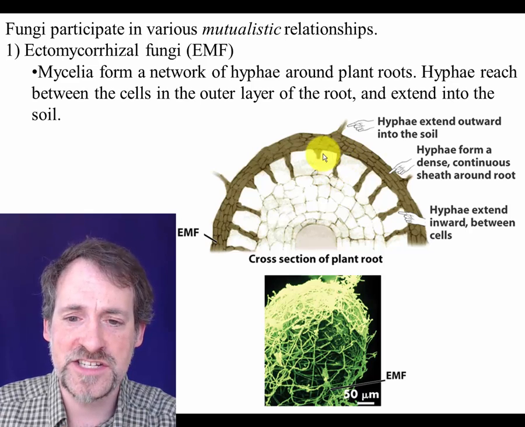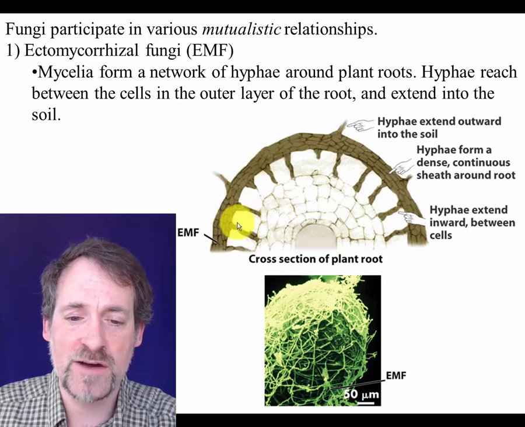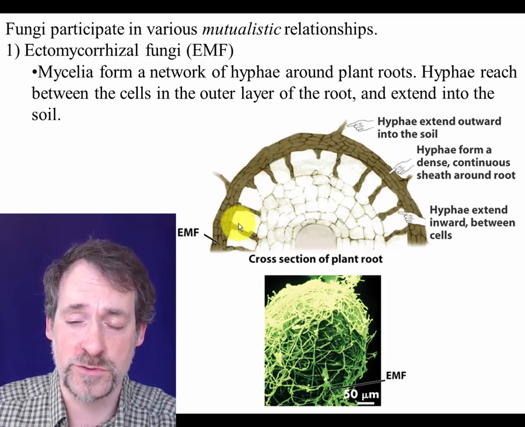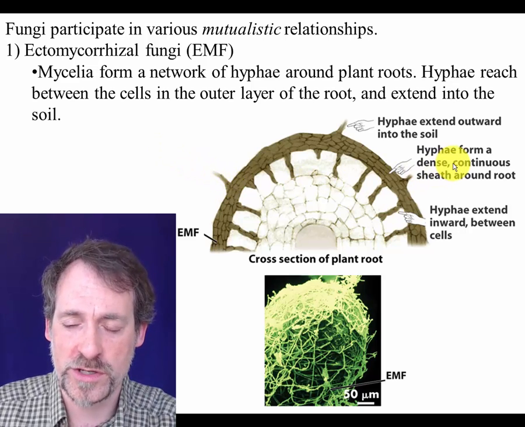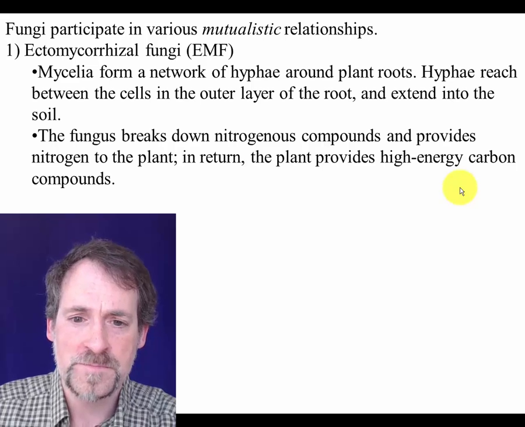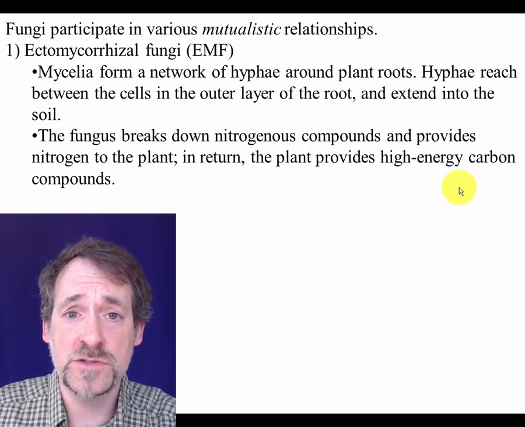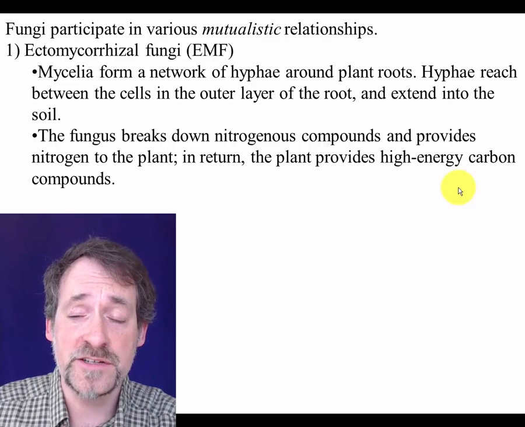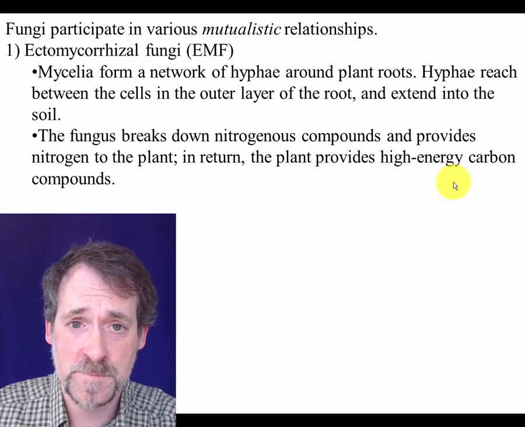And there are little extensions of this mycelium in between the outermost cells of the plant root. In the other direction, hyphae reach out into the soil. What this does is it allows the fungus to collect things like nitrogen and sometimes phosphorus from the soil and deliver them very efficiently to the plant.